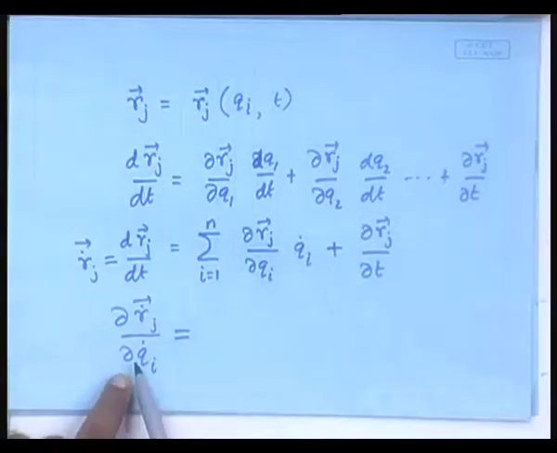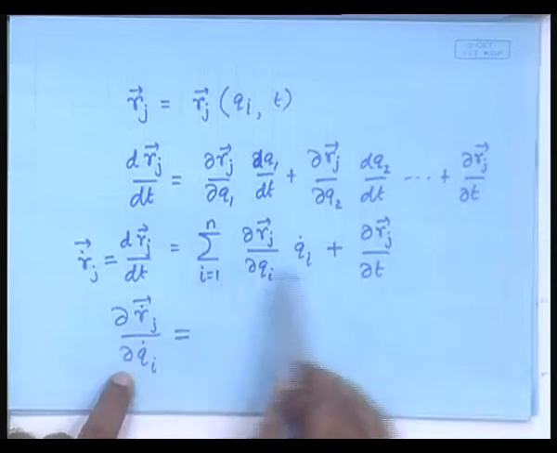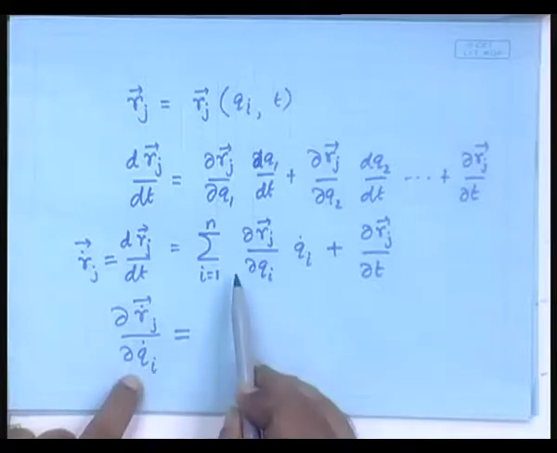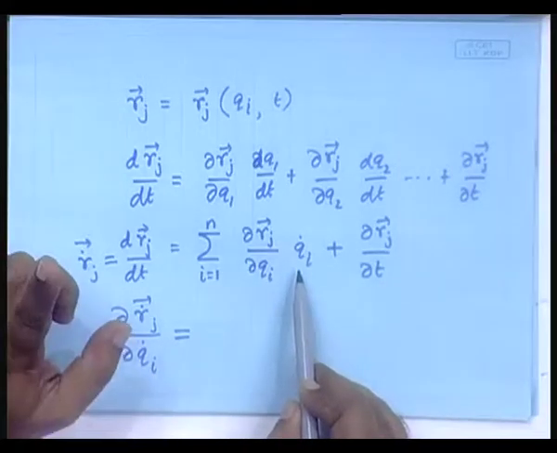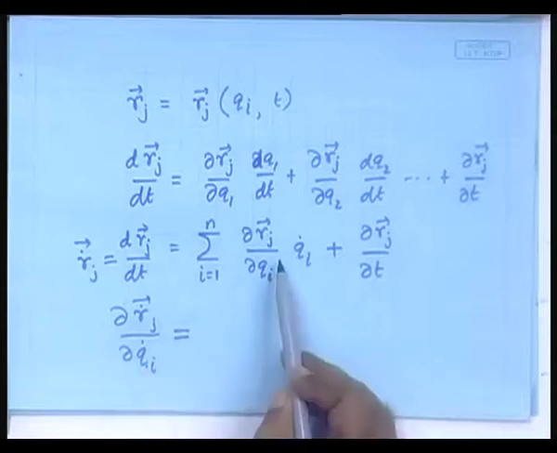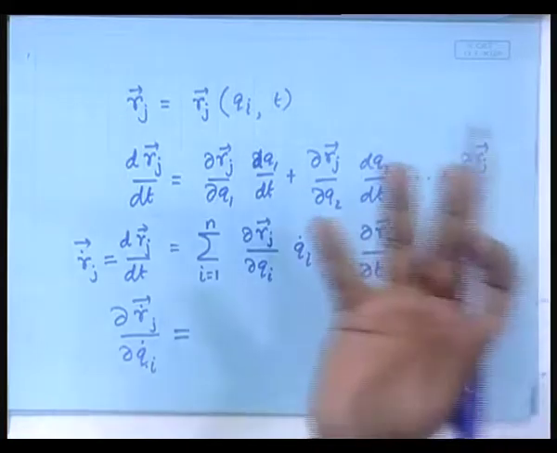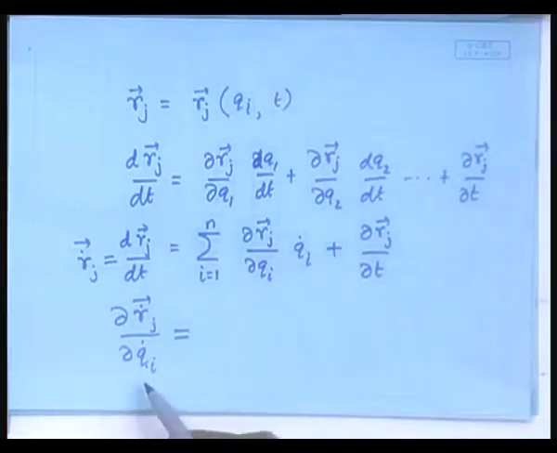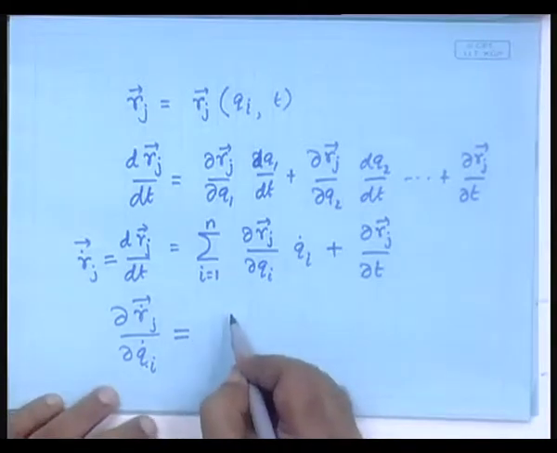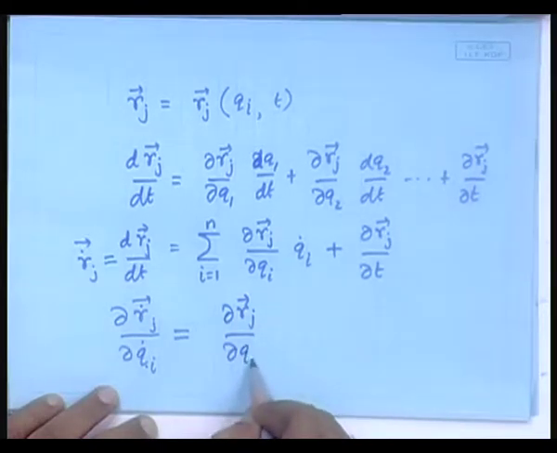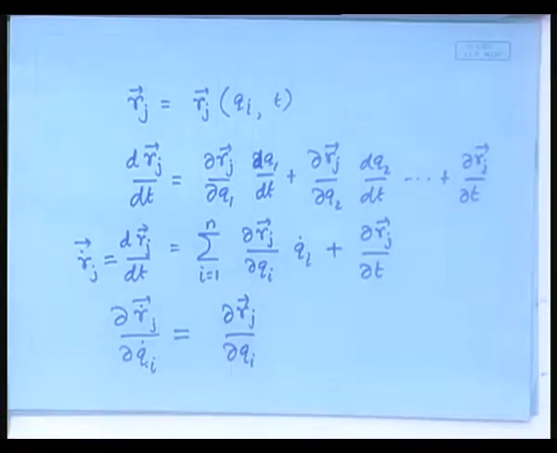So, the moment you want to do this derivative with respect to q dot I, you will find only that term will remain where this and that are the same, all the others will vanish, and this last term will also vanish, because this tells how the constraint surface varies with time, and that also does not depend on q dot I. So, ultimately what remains is that, it is clear.